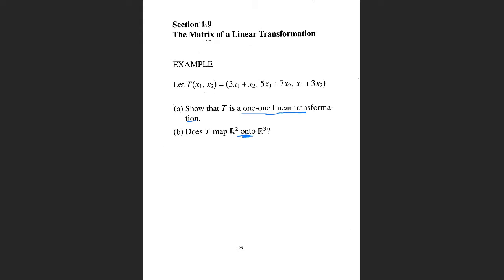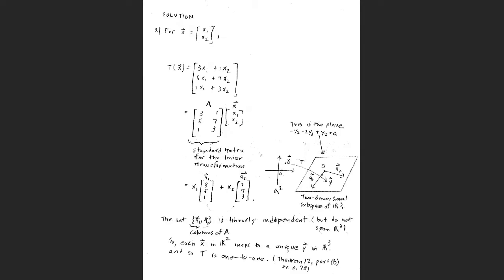So what I'm going to do for part A here is write the transformation as you see here. They wrote it in a certain form on the example page, but it's a matrix transformation.